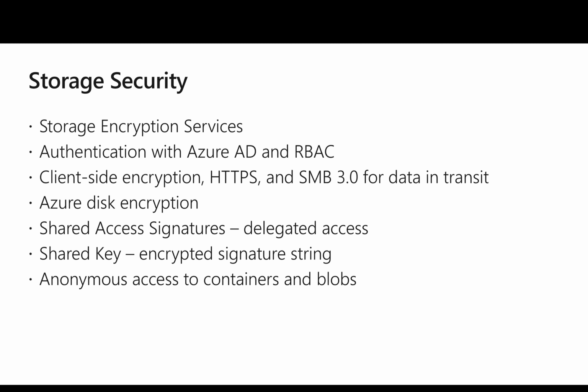Basically, SAS generates a shared encrypted signature or a shared key, and this key takes some parameters as input and provides access to the functionalities we choose. This is a way of exposing access to users who are not in Azure Active Directory, so it enables limited permissions for anonymous access.